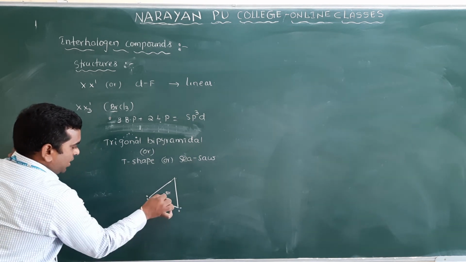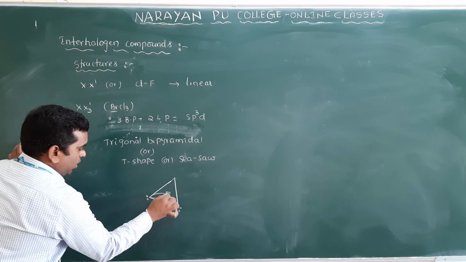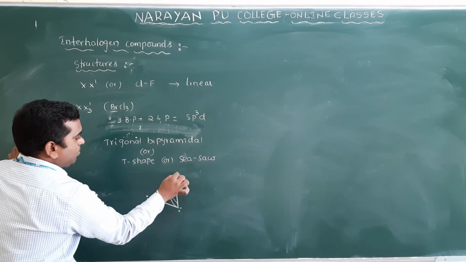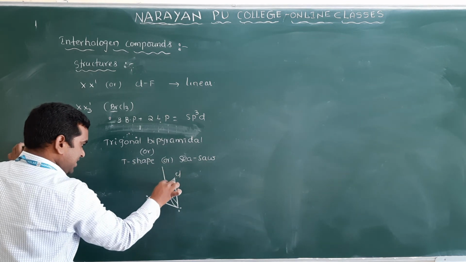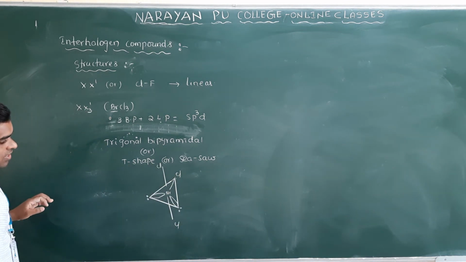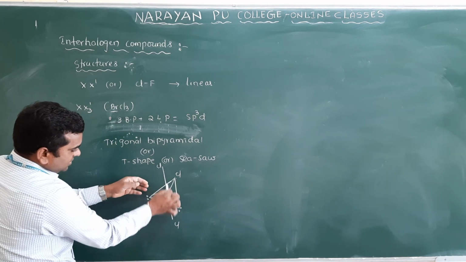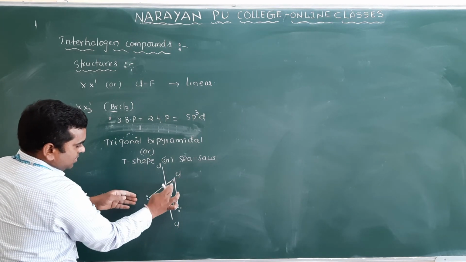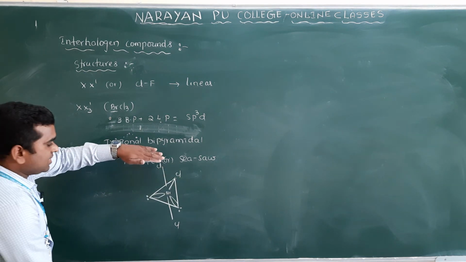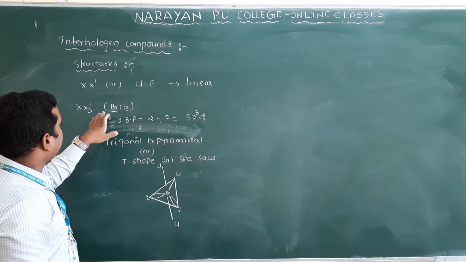Bromine. And here there will be one chlorine, and the axial ones are here. This is chlorine and this is chlorine. Clear? What shape do you see? This is T shape. It is like a T shape, or you can see seesaw shape also.